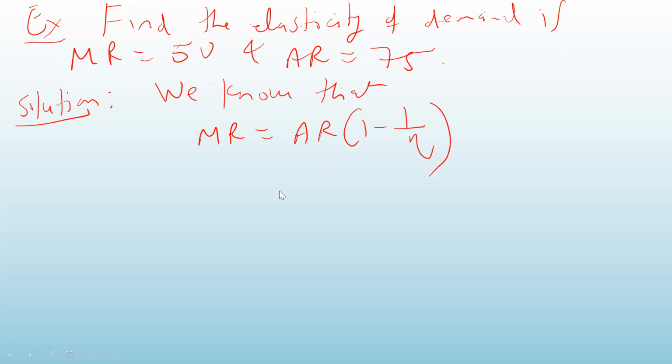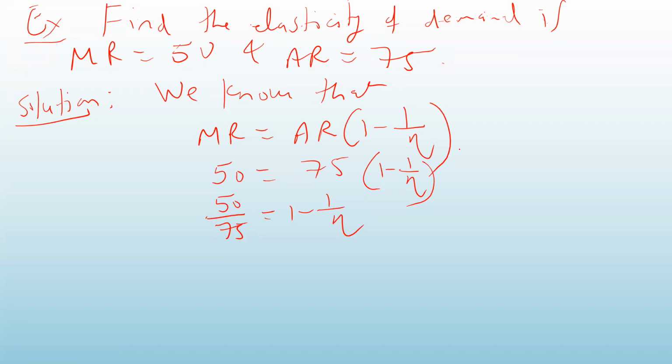So in this, you put the values given to you. Marginal revenue is 50, average revenue is 75, and eta you have to calculate. Just put the values and solve this equation. So it will be 50 upon 75 equal to 1 minus 1 upon eta. 50 upon 75 will give you 2 upon 3.